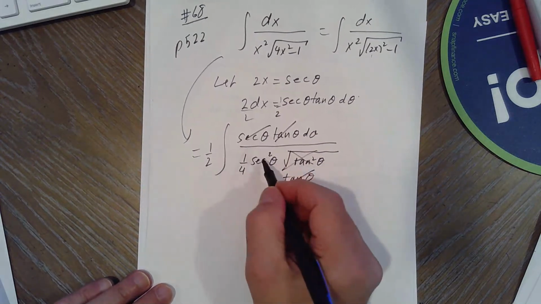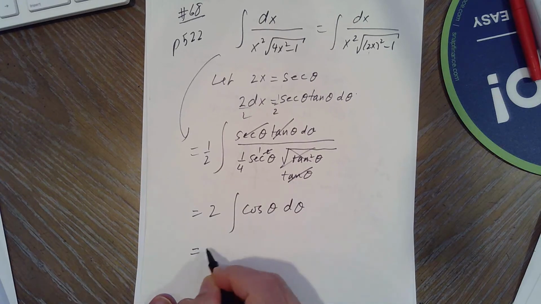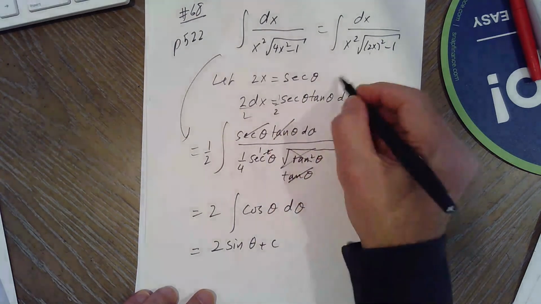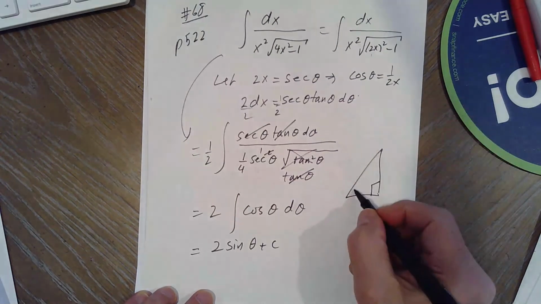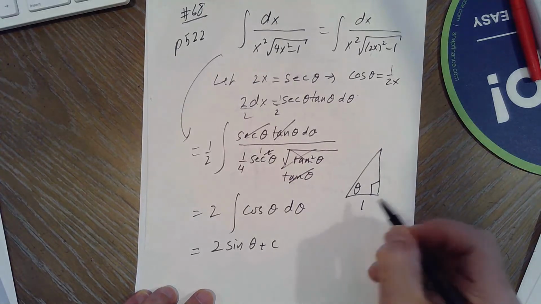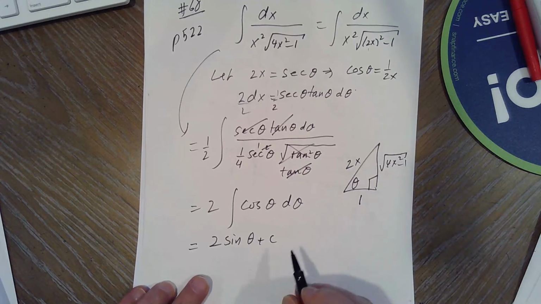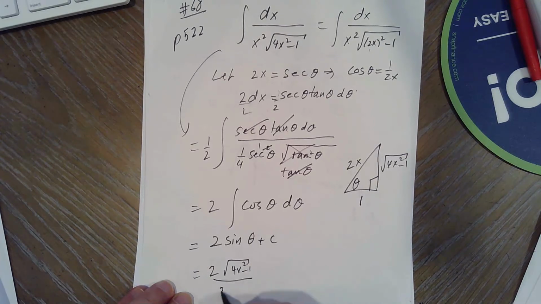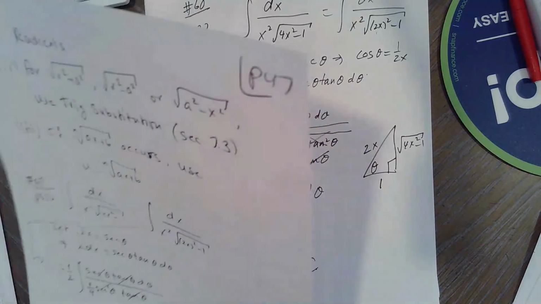That cancels this out, and that cancels one of these, so that's 4 over 2, the integral of cosine, which is 2 sine theta plus c. And now if secant theta is 2x, that means cosine theta is 1 over 2x. Sine is opposite over hypotenuse, so this would be the square root of 4x squared minus 1 over 2x, and that would be my final answer.